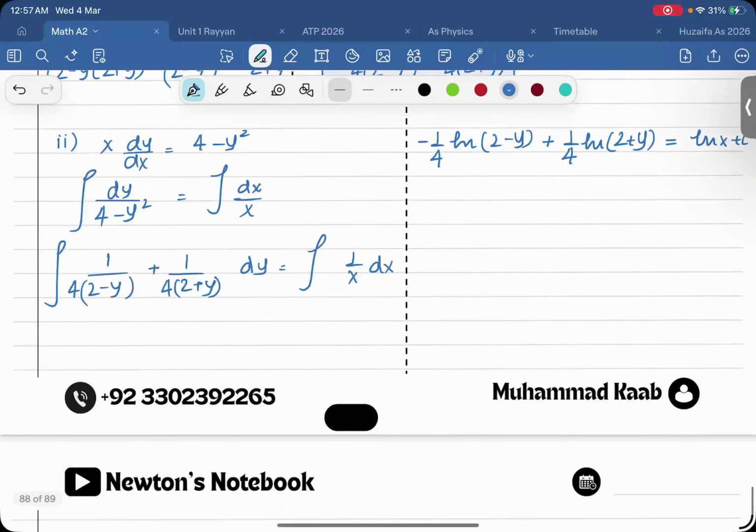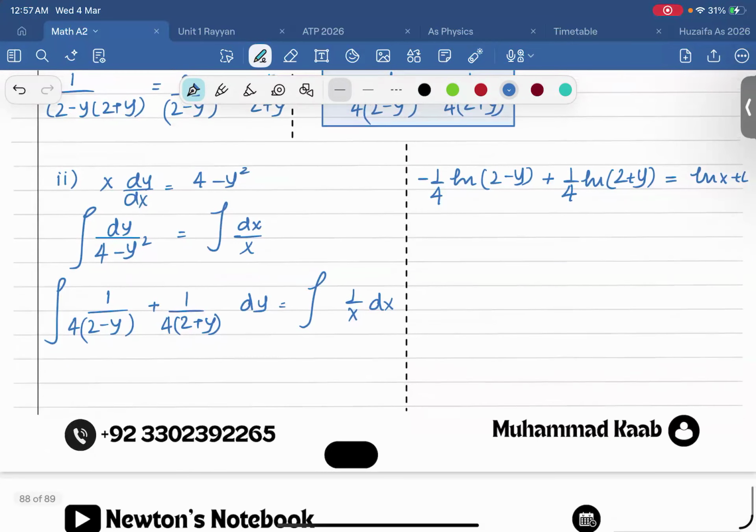So if I put 1 over 4 ln 1, y is 1, so 2 minus 1 is 1, and this becomes 0. Then plus 1 over 4 ln 3, right?